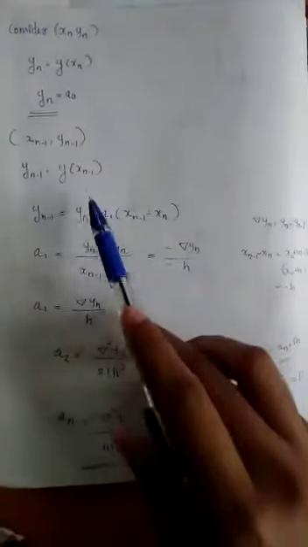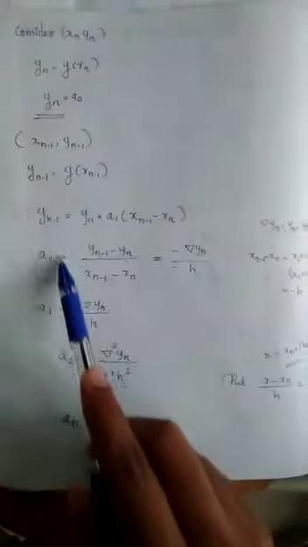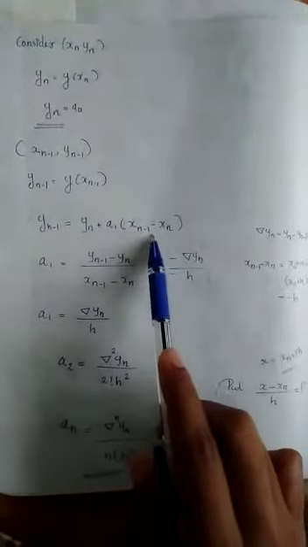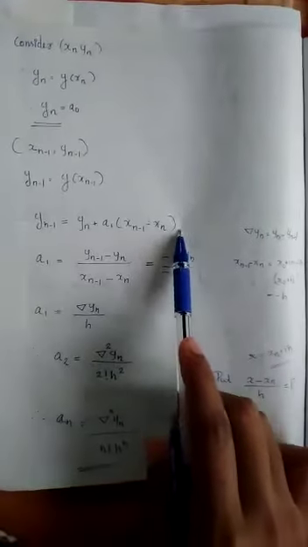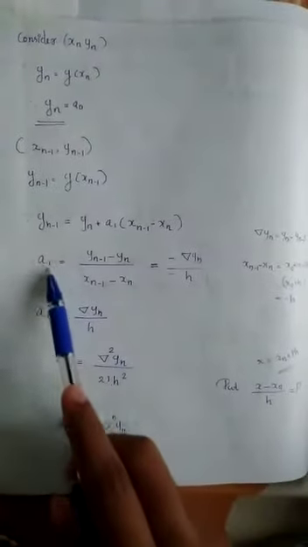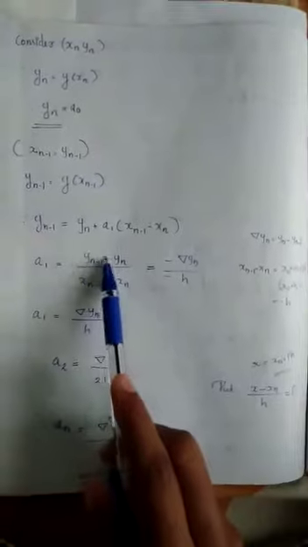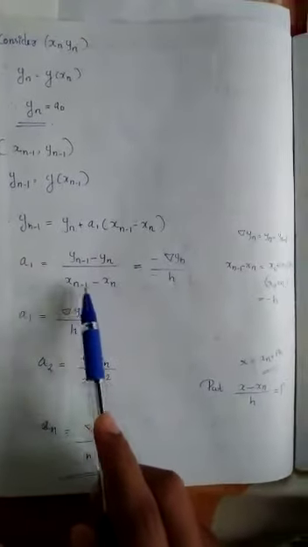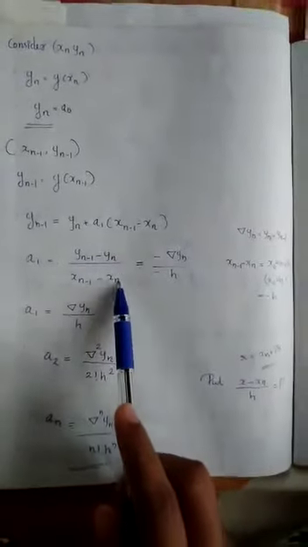From that equation we get yn minus 1 is equal to yn plus a1 into xn minus 1 minus xn. So this equation can be written as a1 is equal to yn minus 1 minus yn divided by xn minus 1 minus xn.